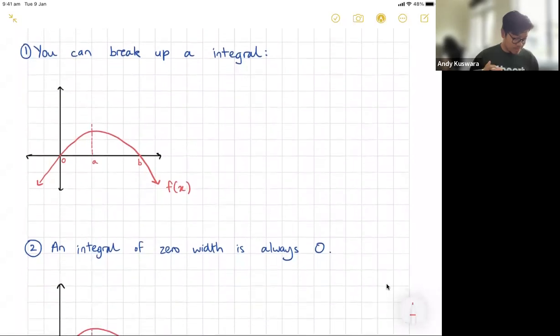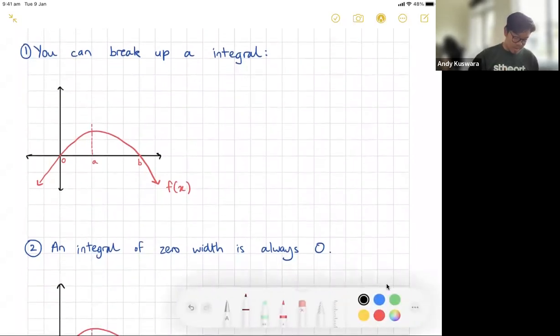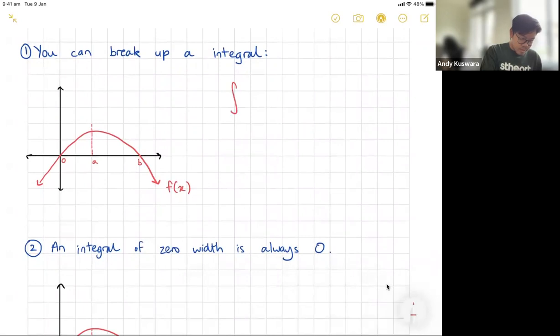Rule number 1 with integrals: you can break up an integral. I wrote these notes a while ago, so I'm seeing if I can remember this. If I wanted to find the whole thing, that could be the integration between 0 and b of f(x) dx.